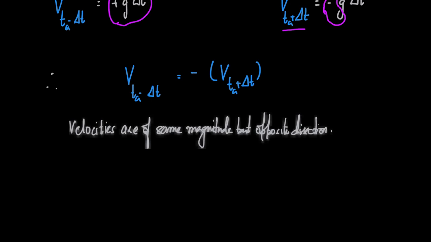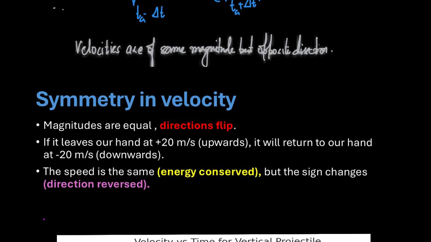Okay. Let us also look at the graph here. Symmetry in velocity means magnitudes are equal at corresponding times, but the directions flip.